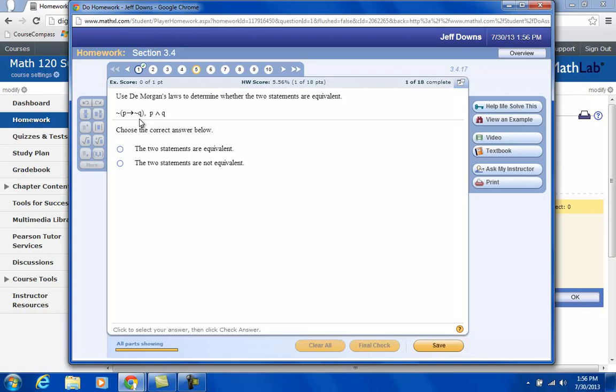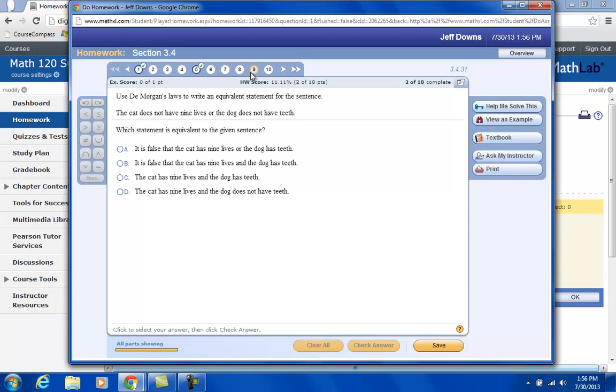Okay, the negation of if P then Q is equivalent to P and not Q. Well, since it'd be P and the opposite of whatever this one is, the opposite of not Q is Q. So this means they are equivalent. Yay. That was page 132 in the textbook.